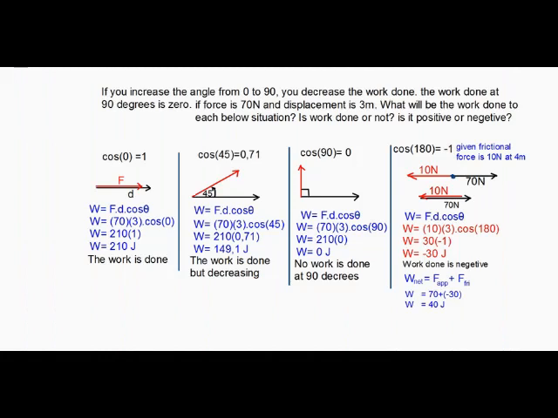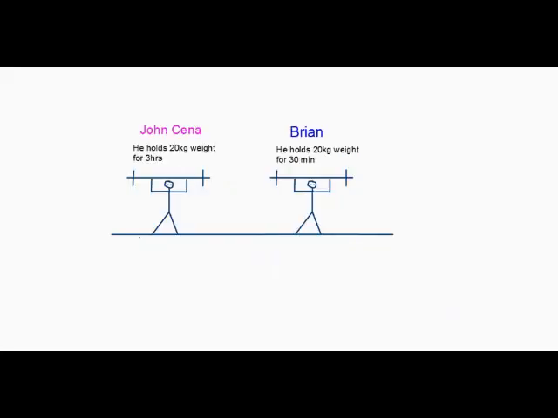But because the weight is not moving upward in the direction of the force applied by the Chinese, then there is no work. That is what we call a cos of 90 degrees. That is what we call when the force is perpendicular to the displacement.